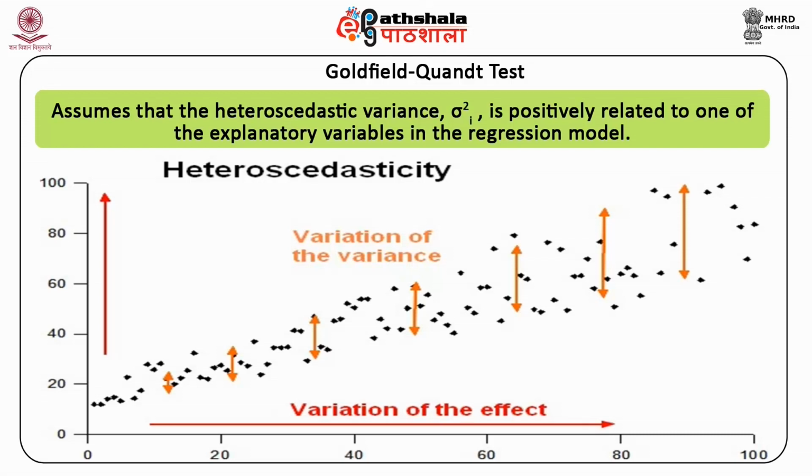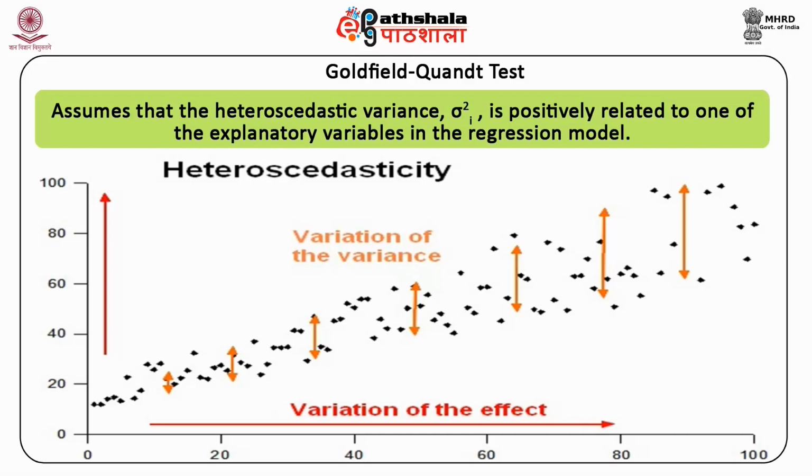Arrange the data from small to large values of the independent variable xi. Next, run two separate regressions, one for the small values of xi and one for the large values of xi, omitting c, the middle observations, and record the residual sum of squares, that is RSS, for each regression. RSS 1 for the small values of xi and RSS 2 for the large xi's.